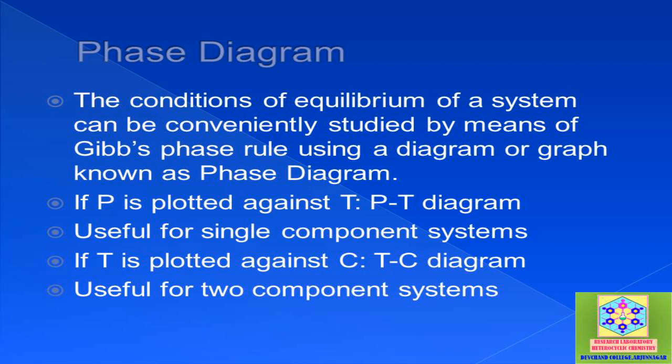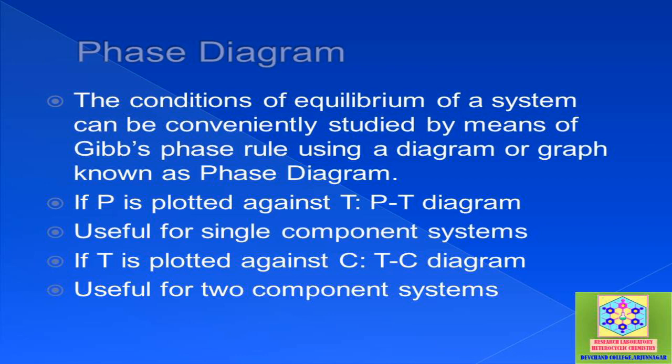The conditions of equilibrium of a system can be conveniently studied by means of the Gibbs phase rule. And it is expressed in terms of a diagram or a graph known as a phase diagram. If pressure is plotted against temperature, the diagram is named a PT diagram.